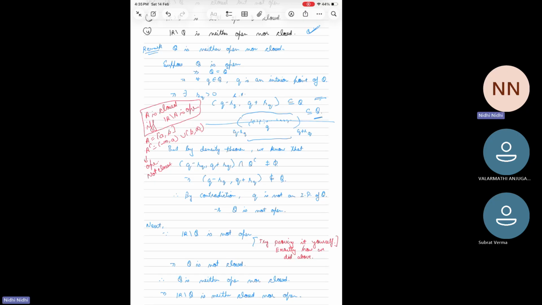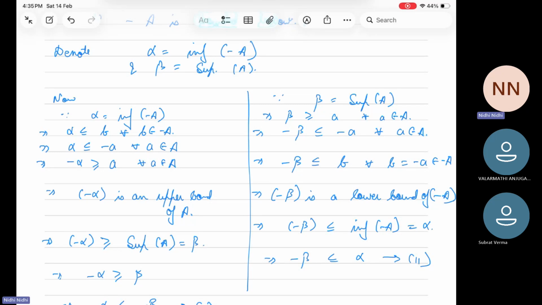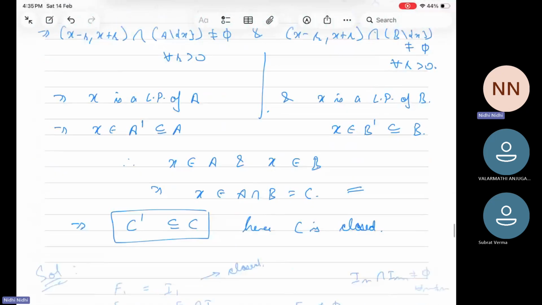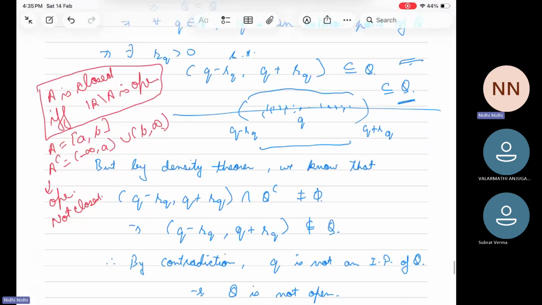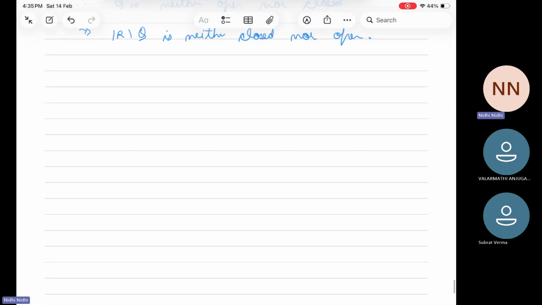So I hope this is fine. And yes, this is a very good point to remember. One should remember that these basic examples, the sets of rationals and irrationals, are neither open nor closed. And the empty set and the whole set are both open and closed.